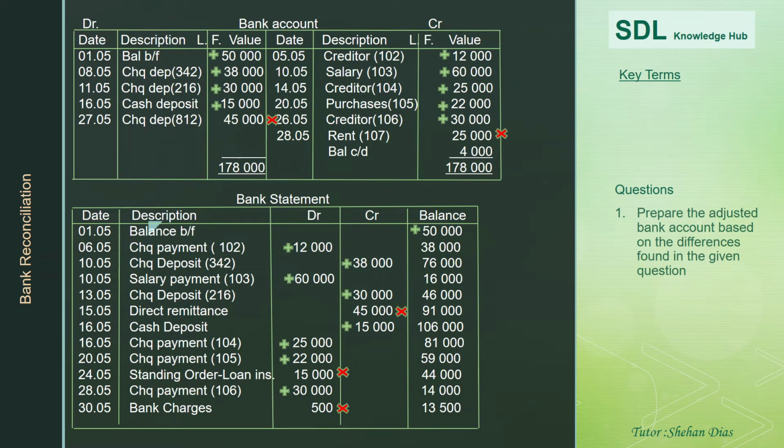The first step in the process is to compare the bank account of the organization and the bank statement from the bank to find the differences. As you can see, the bank account and the bank statement are shown here. The debit column of the bank account should be compared with the credit column of the bank statement, and the credit column of the bank account should be compared with the debit column of the bank statement.